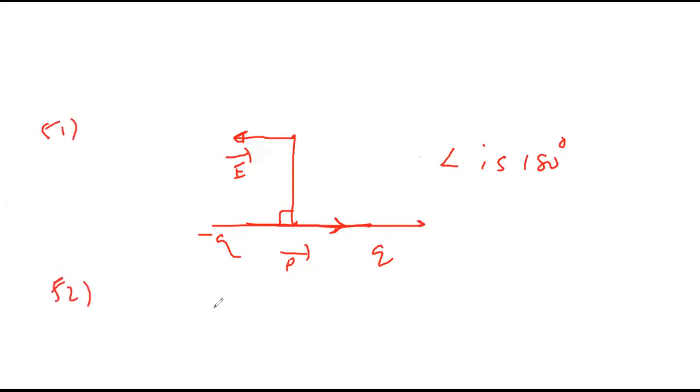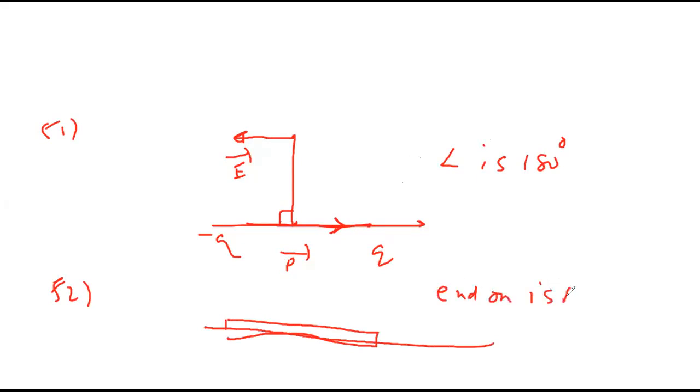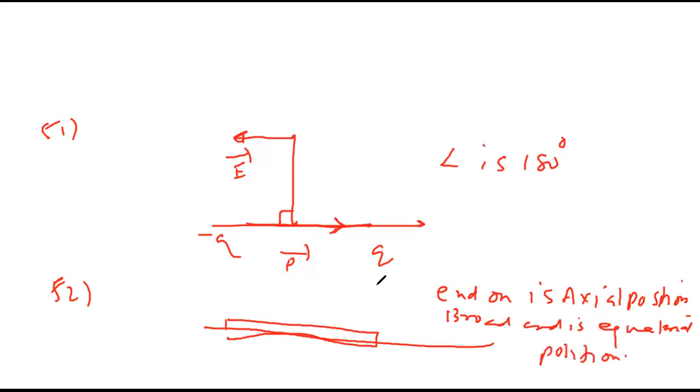A given charge is situated at certain distance from electric dipole on end on position. End on is axial position. Broad end is equatorial position. Please write down this. End on is also called sometimes side on.